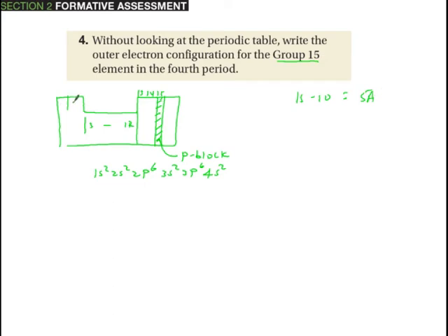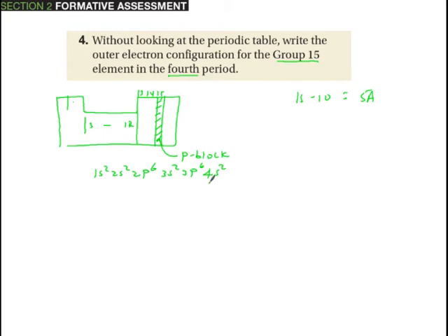So 1A, 2A, 3A, 4A, and 5A. To know 5A, you must add the electrons in the outermost shell. It says group 15 in the fourth period, so we need the fourth shell.